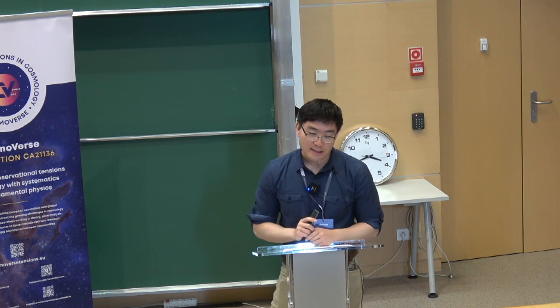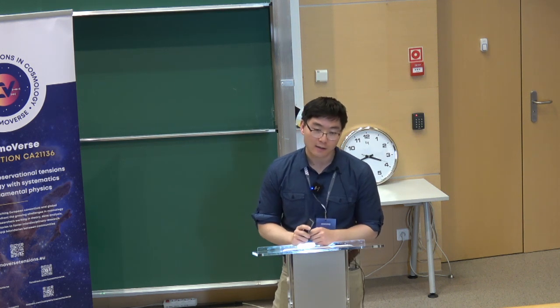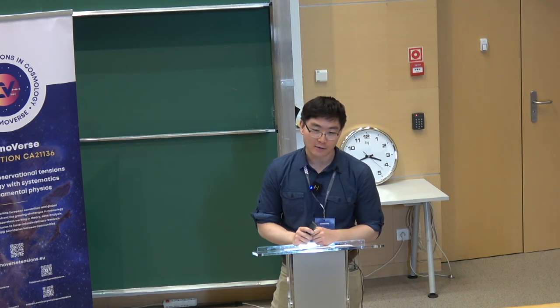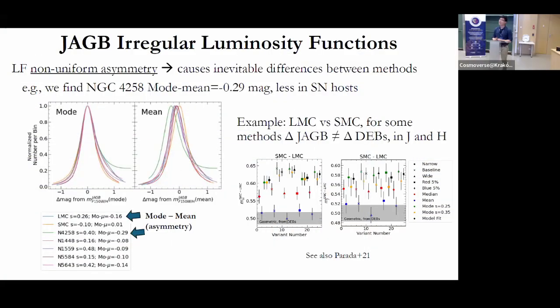We also sought to see if this similar pattern occurred in the ground-based data for the Large Magellanic Cloud and the Small Magellanic Cloud. What we did here is to measure the JAGB reference magnitude in these two galaxies, took the difference between those two JAGB reference magnitudes to compare those to the geometric distances, the differences in the geometric distances determined via the detached eclipsing binaries.